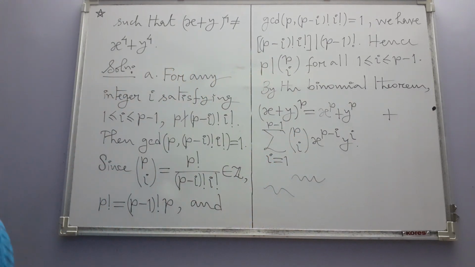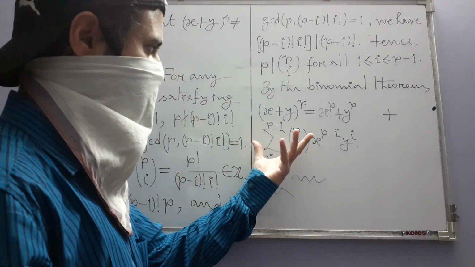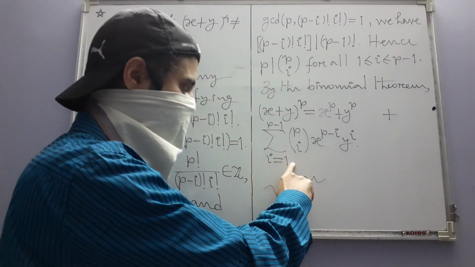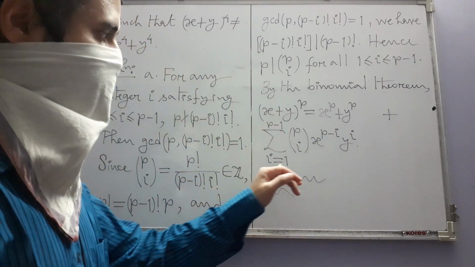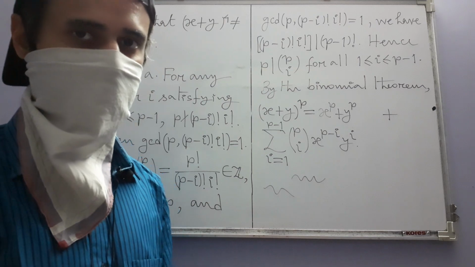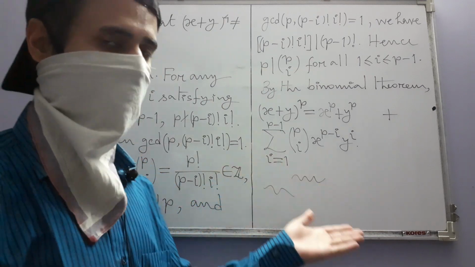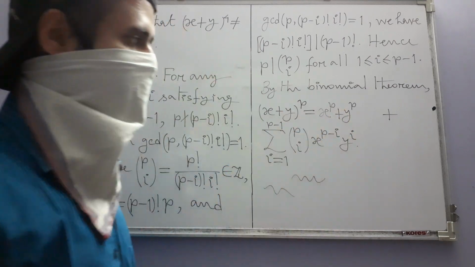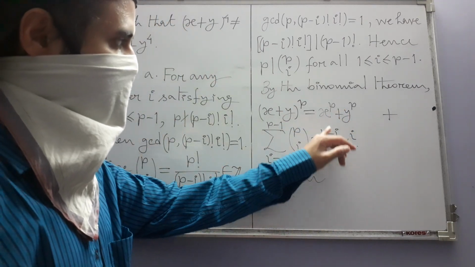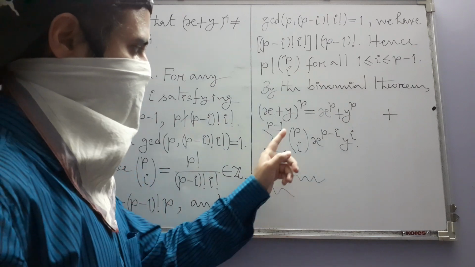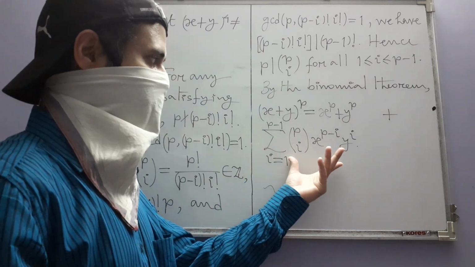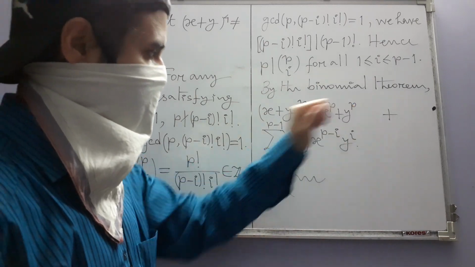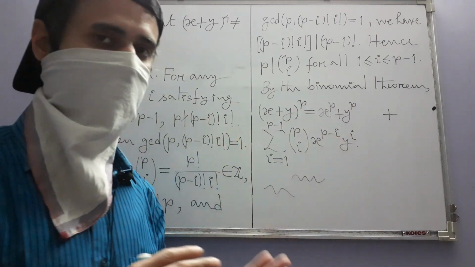Now in this sum, if you had written the entire thing as a sum, then I would have varied from 0 to P. In fact, if in this term you take I equal to 0, you get x to the power P. And if you take I equal to P, then you get y to the power P. So we have lost those two terms, we have written them here, and the rest of the thing has been written as a sum.